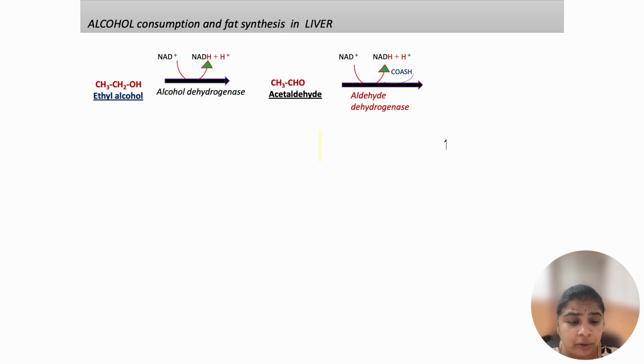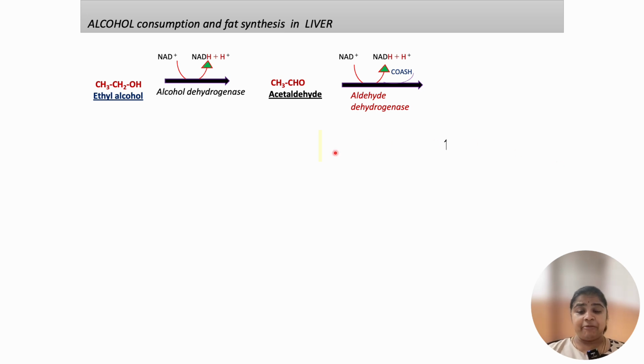Alcohol is broken down, metabolized in the body and excreted. So, first alcohol dehydrogenase will oxidize alcohol to form acetaldehyde, and here NAD is getting reduced to NADH and H+.